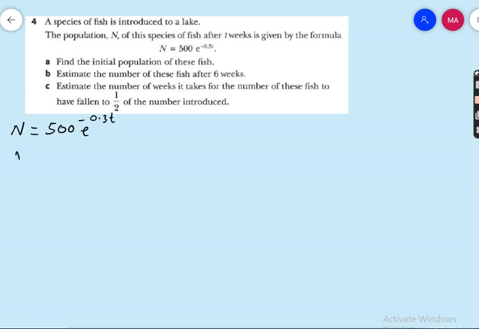Part A. Find the initial population of these fish.